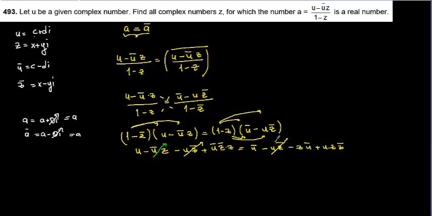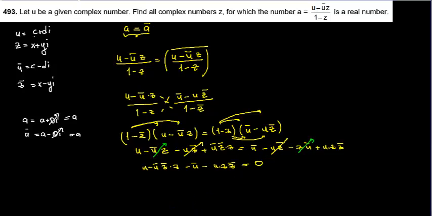First this one and this one also. So we have these terms left: u conjugate z, u conjugate minus u z conjugate z. I'm going to get this side u conjugate, and this one minus u z conjugate is equal to 0.